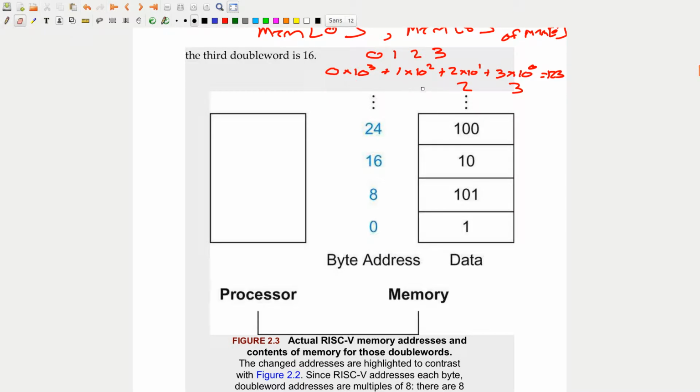In Little Endian, it's just the opposite. So in Little Endian, it would be like this. The largest, most significant digit would be at the largest address. So that's what we mean by Little Endian and Big Endian.